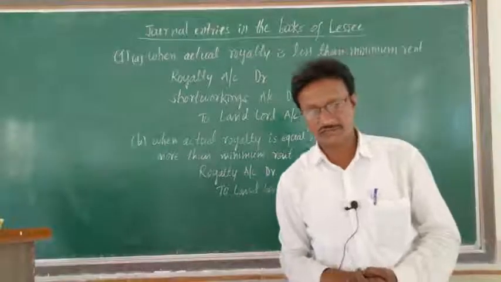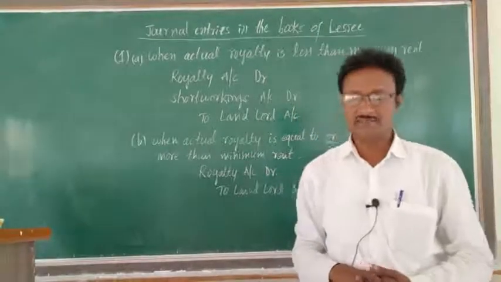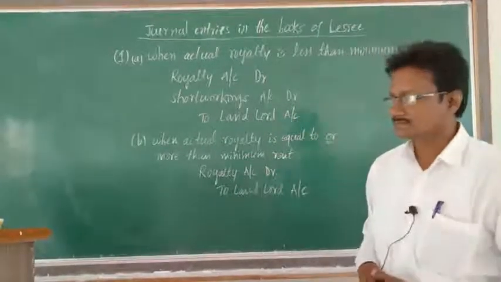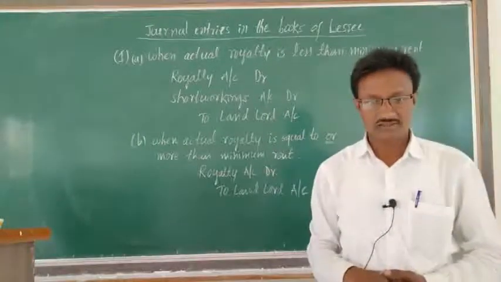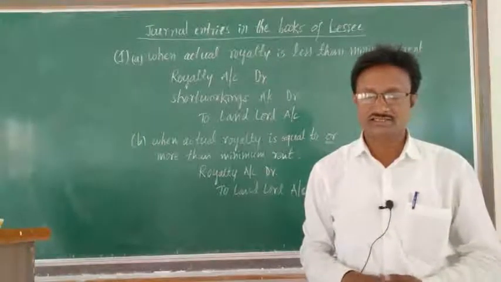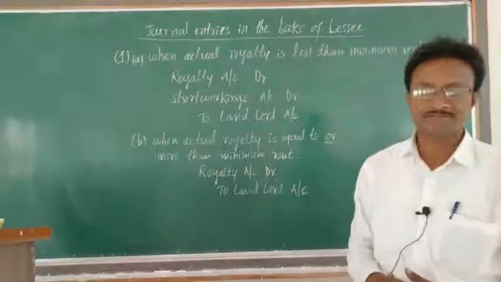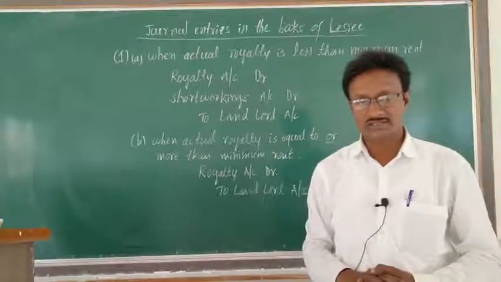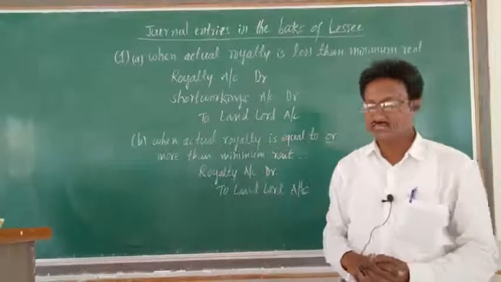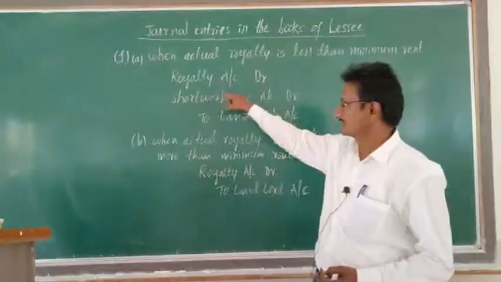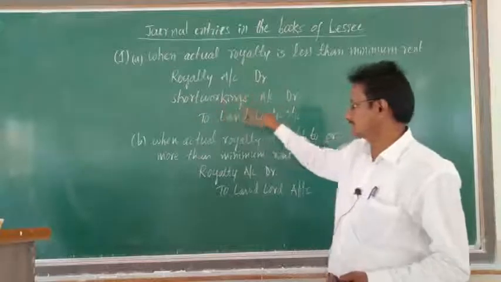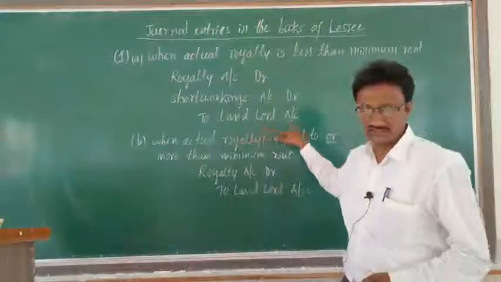So short working is also, in the initial year, an amount payable to the landlord, so both are debited and the landlord account is credited, and the journal entry will be royalty account debit, short workings account debit, to landlord account.